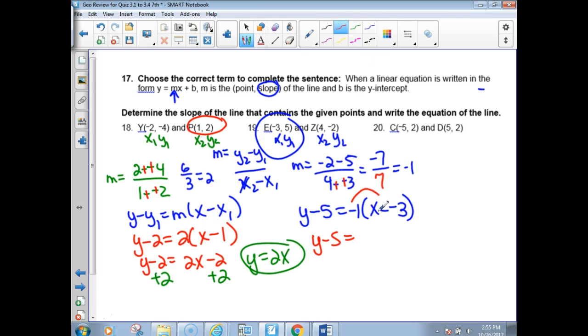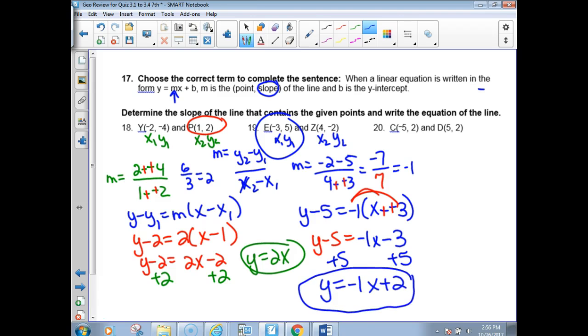Then I'll change that to add. And now I'll multiply through by negative 1. So it's going to be negative 1x minus 3. Now I'll add 5 to both sides. And my final answer is y equals negative 1x plus 2. And if you just write negative x, that's the same thing.